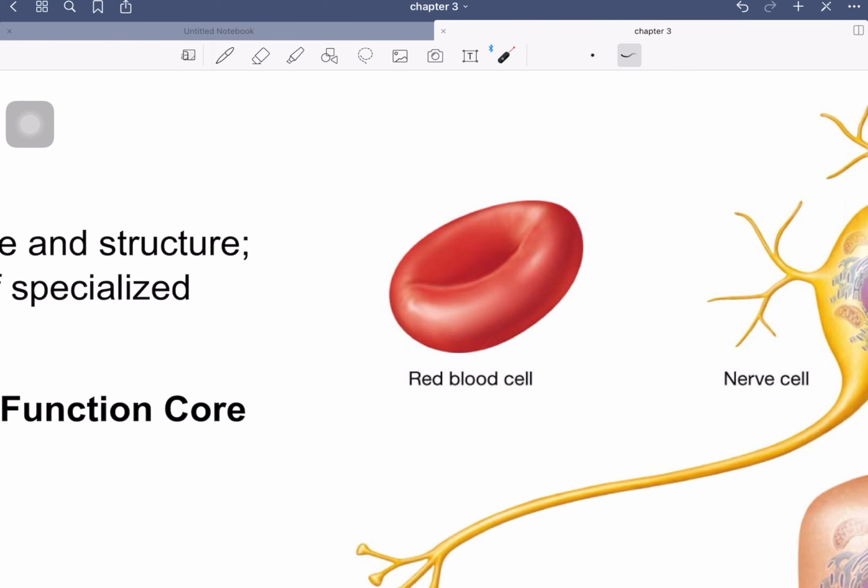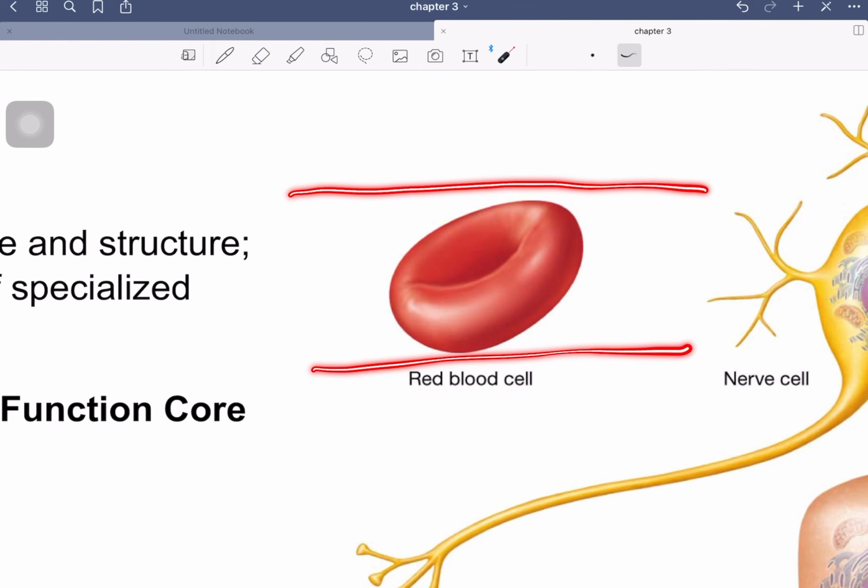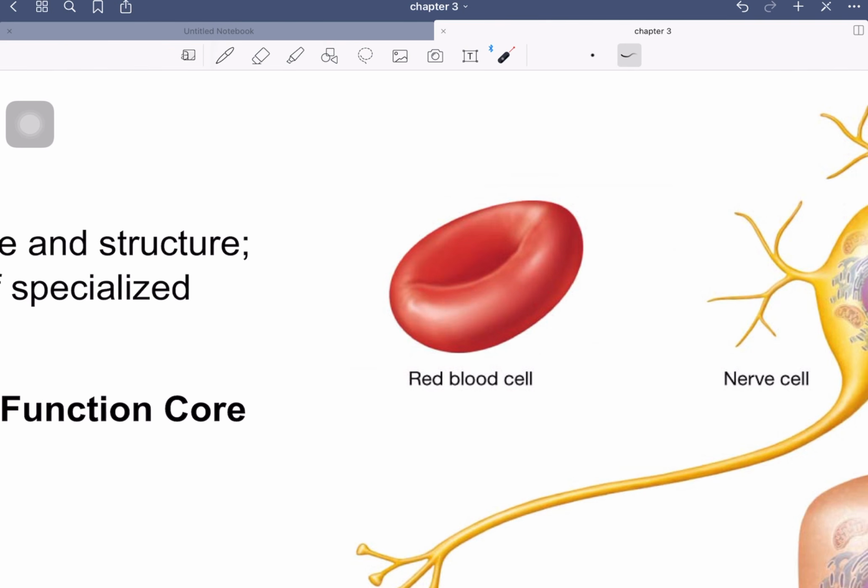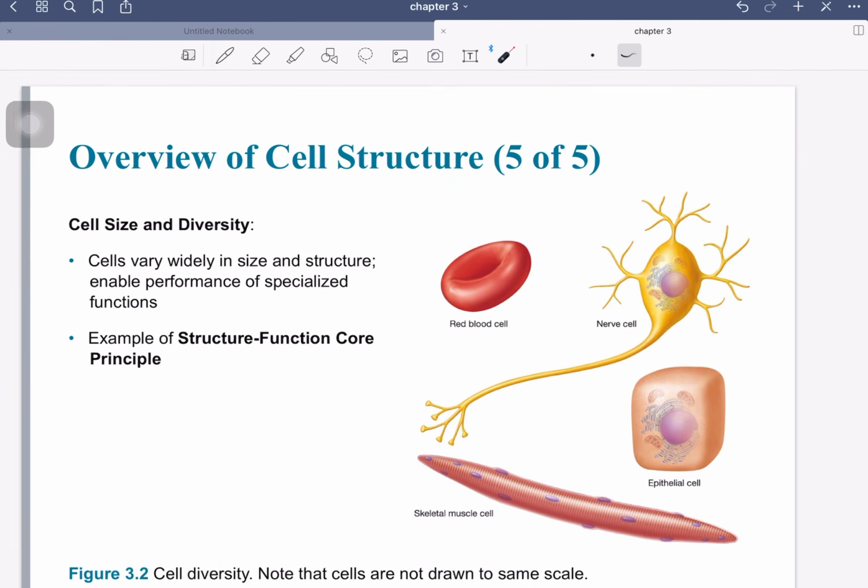It's concave on both sides. You'll notice this increases the surface area to allow for gas transport through that cell membrane. It's also a great shape because it allows you to travel through small blood vessels and capillaries without jamming up. It also allows these red blood cells to be a little bit bendy McTwisty. They can actually twist to go through really tight spots.